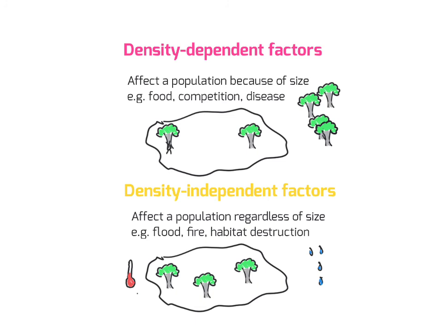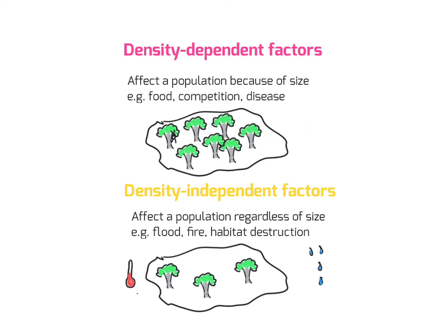If a little disease moves in here and attacks the tree, that would be much, much worse if there's a higher population here. That disease can spread because it can jump from tree to tree to tree. If there are ticks or something like that, they can jump from organism to organism much, much faster when there is a higher population. So these are things that are affected by that population size.